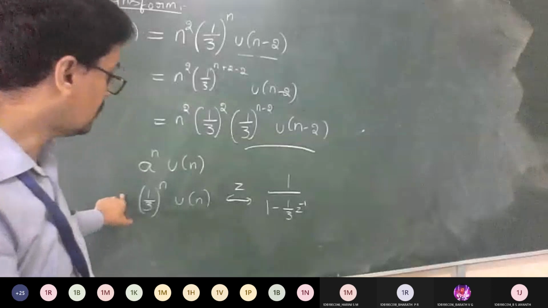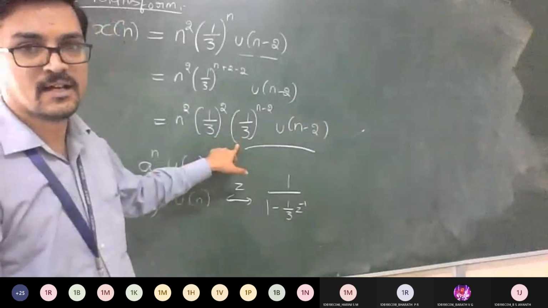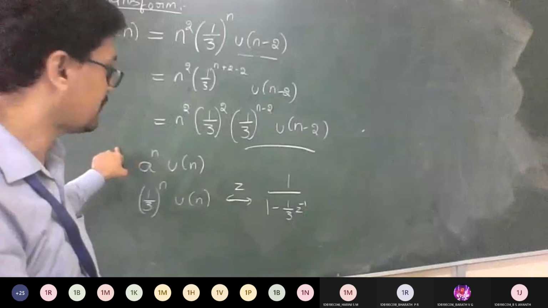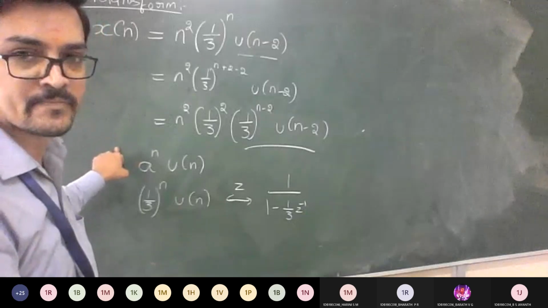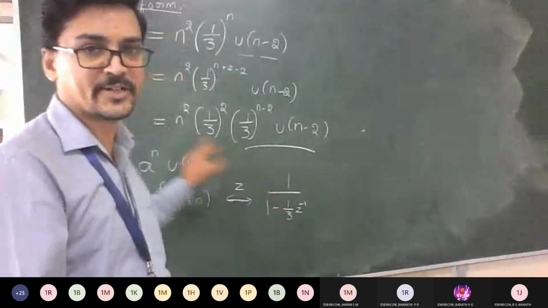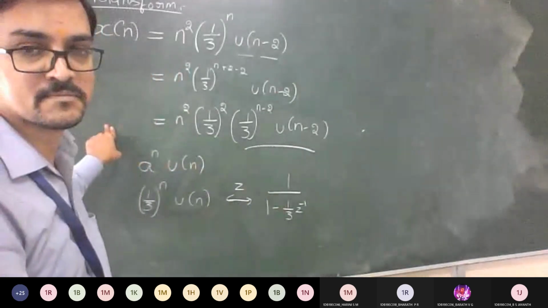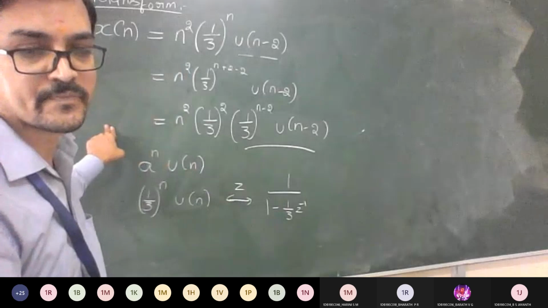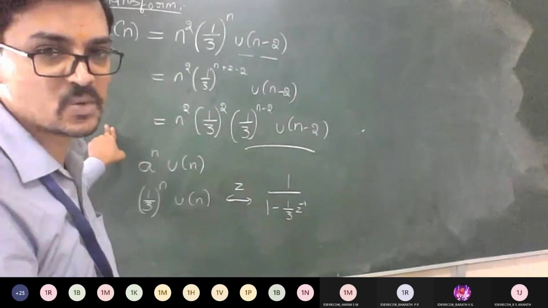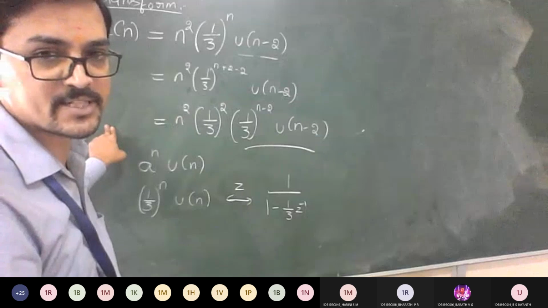Correct now? So now compare this with this. I want n minus 2. So what changes will happen to my formula now? The denominator doesn't change. What is going to happen to my numerator now? How we wrote delta n as 1, delta n plus 1 as z, n plus 2 as z square, z cube.